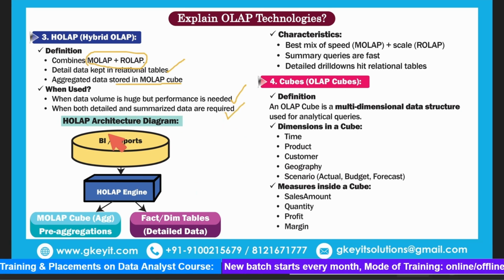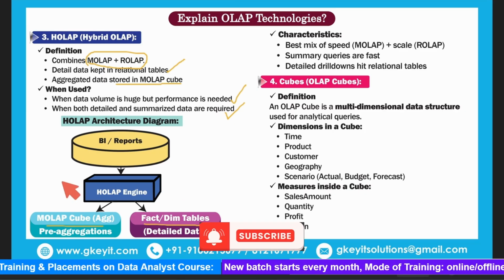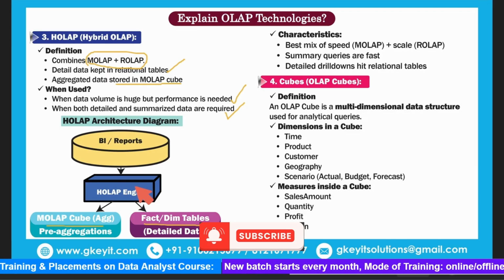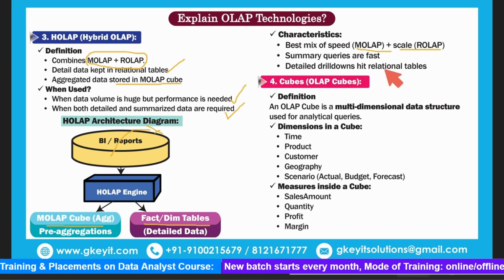Coming to the HOLAP architecture diagram, this is the MOLAP cube with aggregations and pre-aggregations, and this is the fact and dimension tables with detailed data. On a combination of this, the HOLAP engine works, and finally we prepare the reports for users and business. Key characteristics: it is the best mix of speed, that is MOLAP, and scale, that is ROLAP. Summary queries are fast. Detailed drill downs hit relational tables.